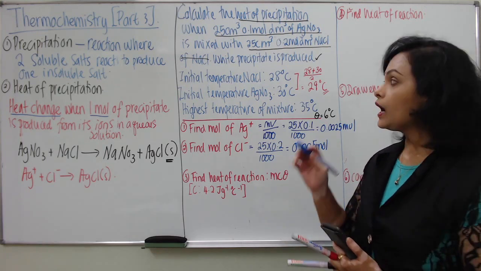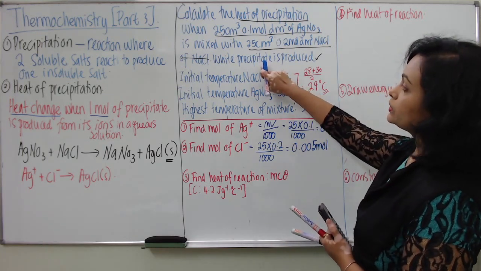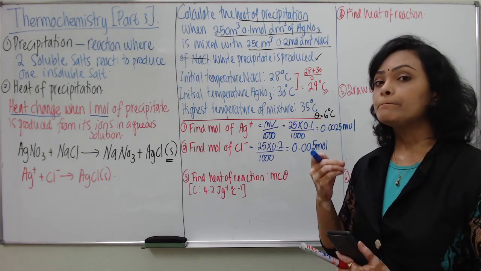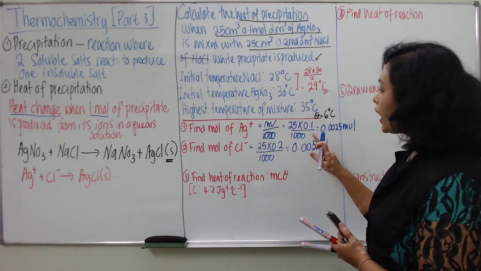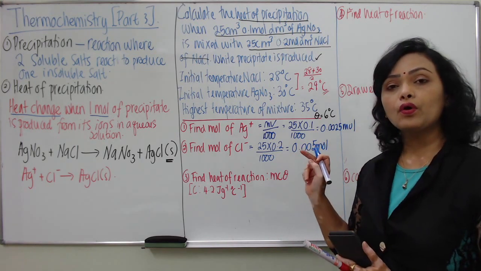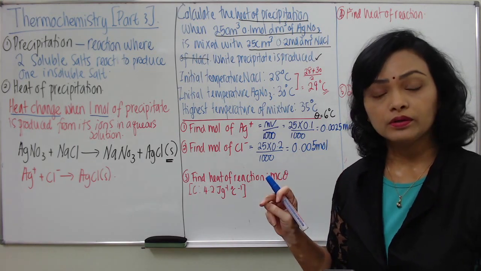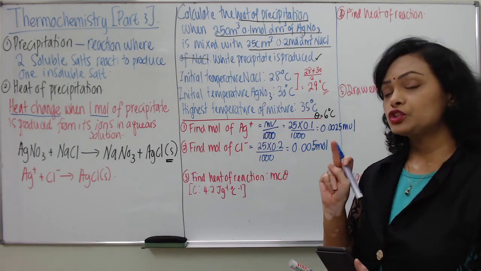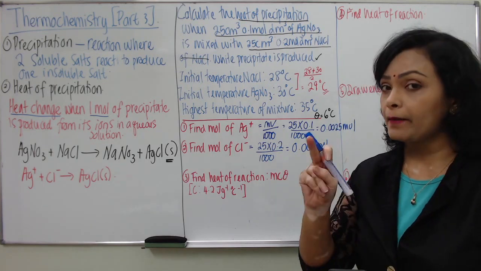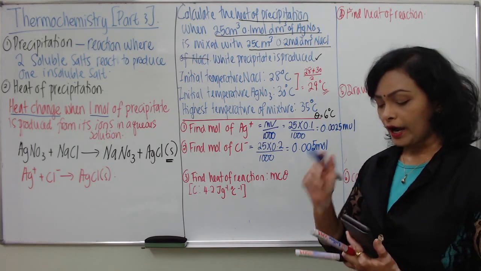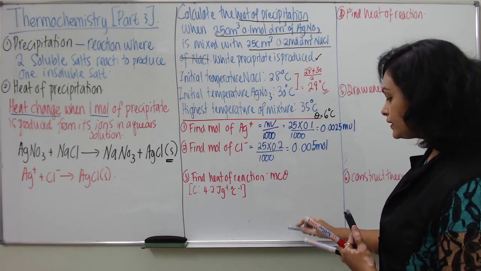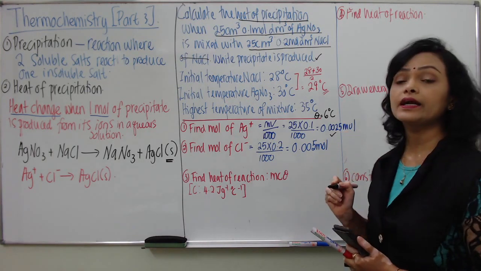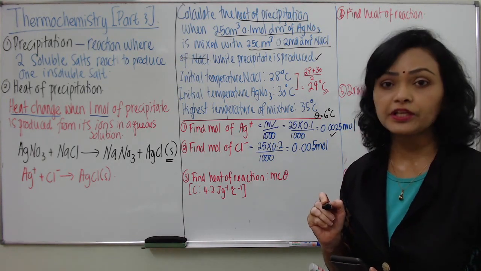So here I want students to go back to this idea. White precipitate is produced, meaning even though argentum ion only has 0.0025 mole, this shows that the reaction has happened. So I want students to take this value as consideration for the calculation of heat of precipitation.